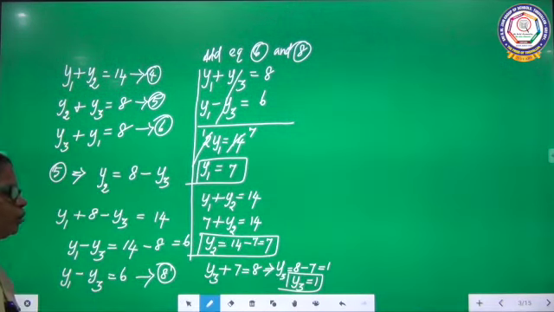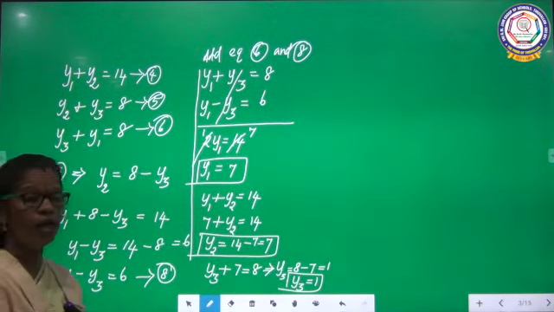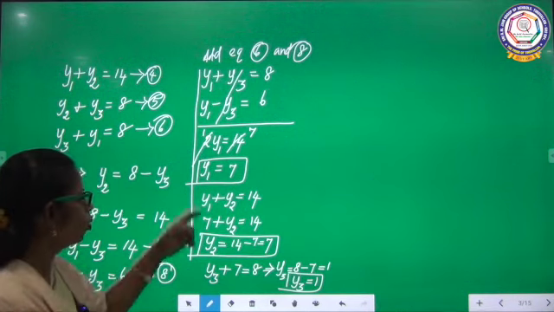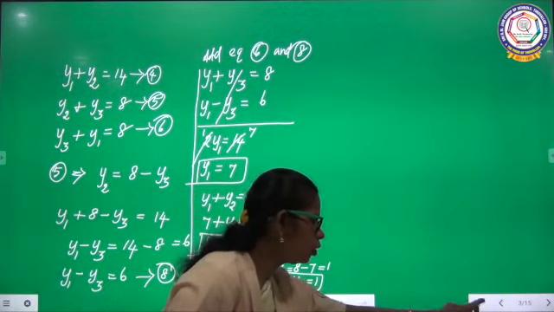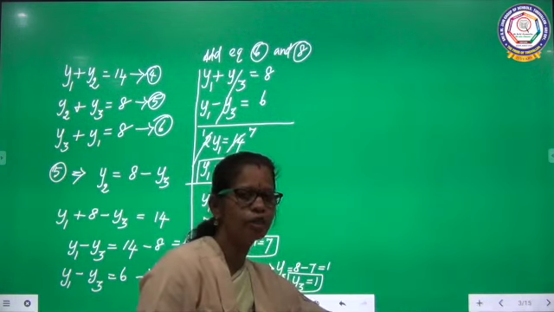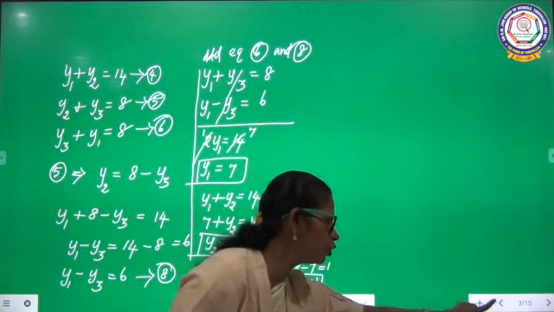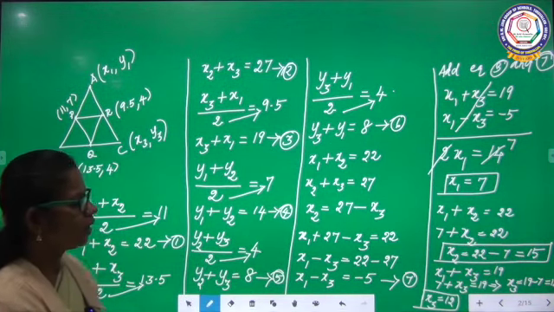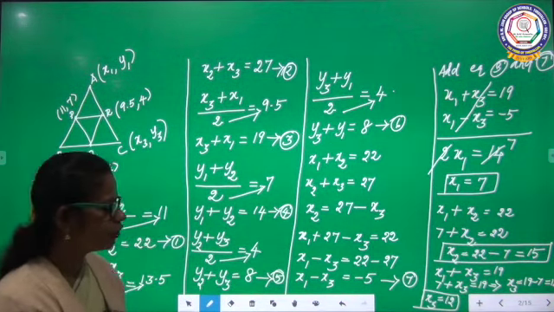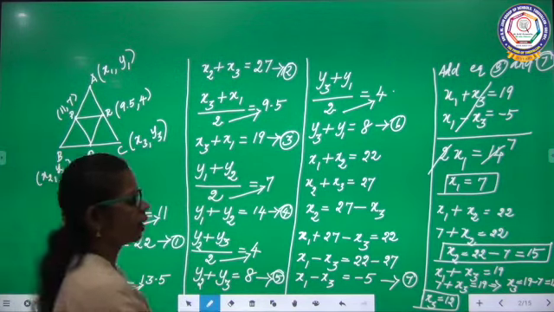Now you know the value of x1, x2, x3, y1, y2, y3. What is the value of x1, x2, x3? For that purpose I am going to move to the previous, right? x1 equal to 7, x2 equal to 15, x3 equal to 12.